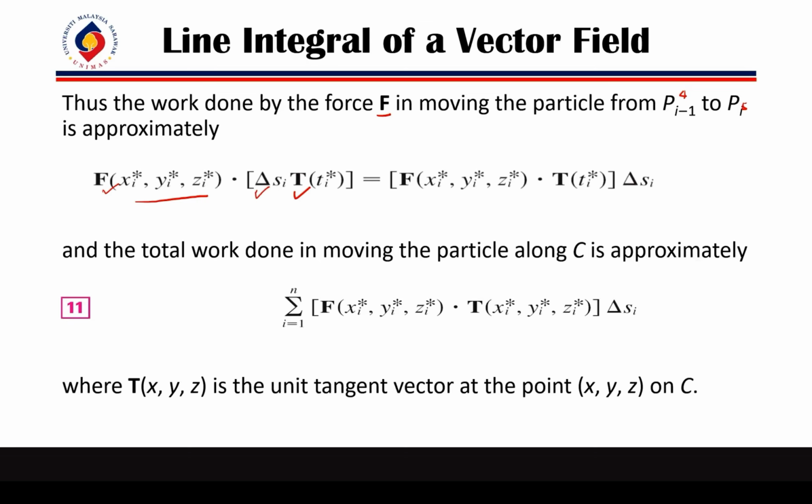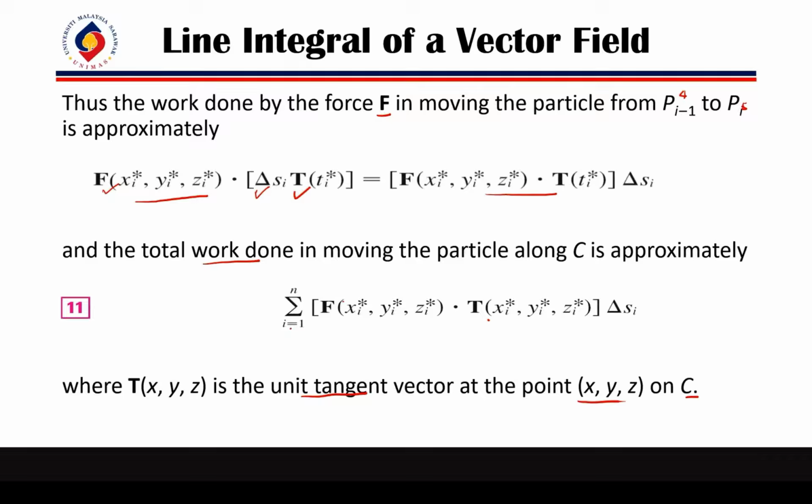So we can arrange it this way, and then the total work done in moving the particle along C is approximately, where T at x, y, z is the unit tangent vector and the point x, y, z is on C. So we can approximately express it by the summation of force times the unit tangent times the ds here. So you get the work done.